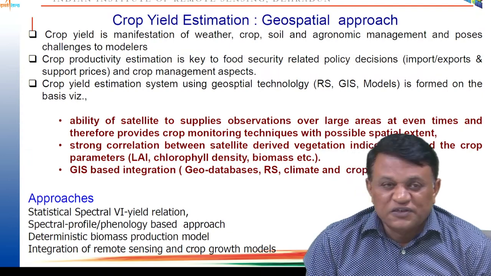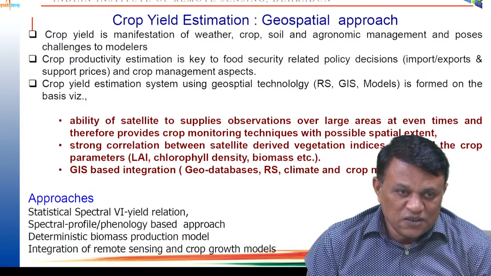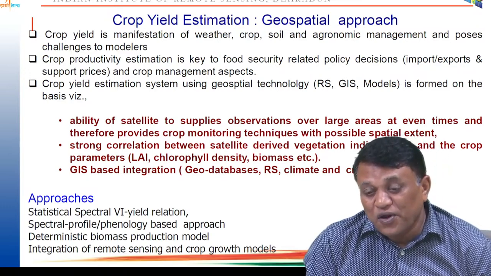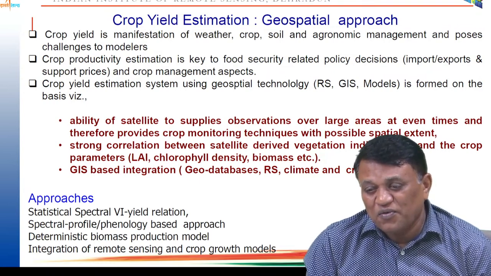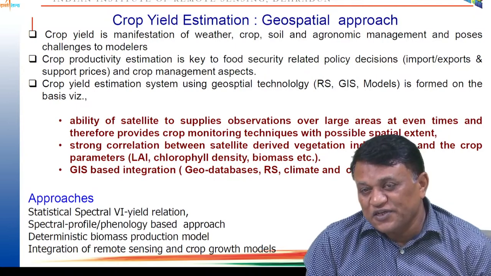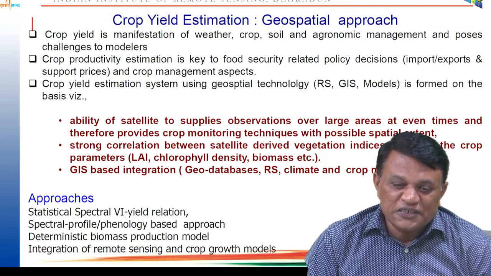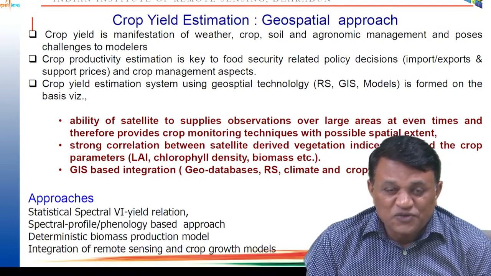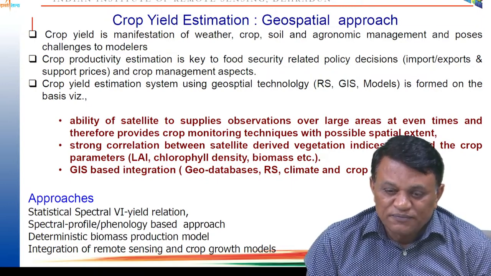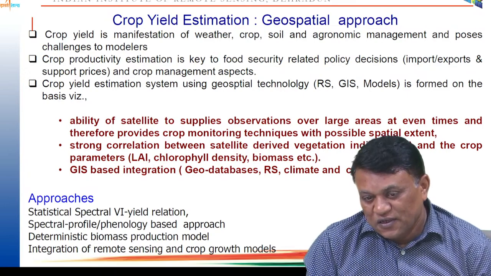Likewise, some 7-8 years back, there was a huge price rise of pulses, so the government had to procure pulses from other countries to meet the nutritional security of the countrymen. That kind of import and export decision all depends on the availability of food grain production, whether cereals, pulses or oil seeds.